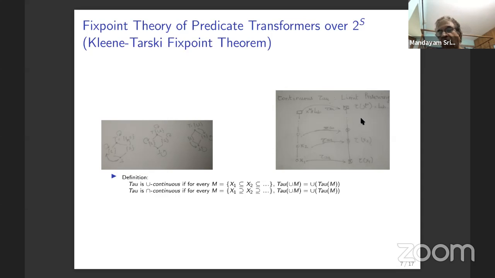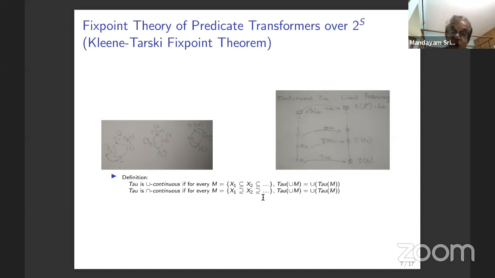Now, if the partial order is finite, monotonicity automatically guarantees this. You can actually prove it by induction, because every ascending or descending chain eventually will have to repeat, and therefore it will automatically be limit preserving.